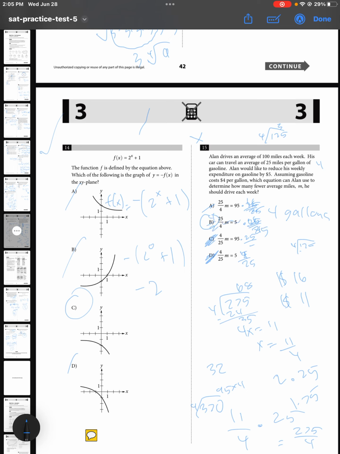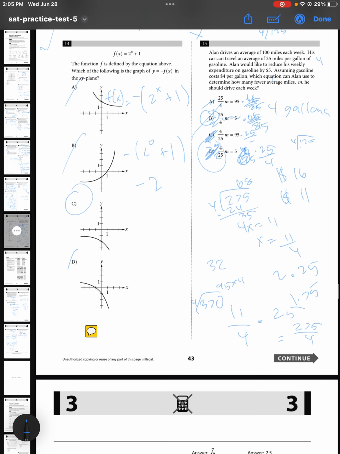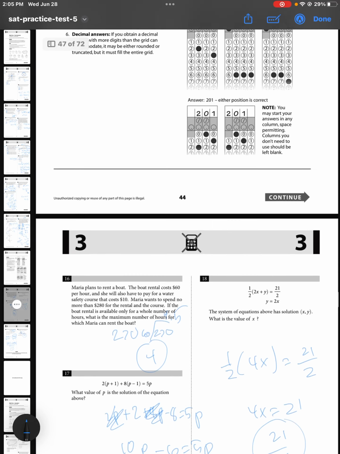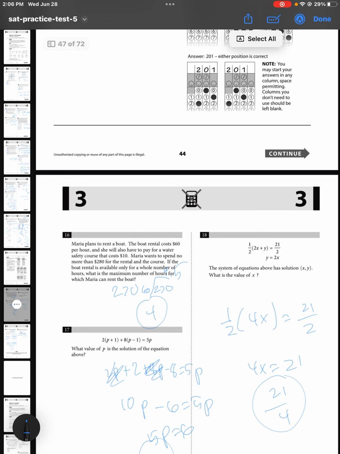That's the opposite there. So that one's not right. But here, you actually do multiply it by 25 over 4, so that would be correct. So I got that one wrong, but I know what I did wrong, and I can explain that one again later, but I probably won't.